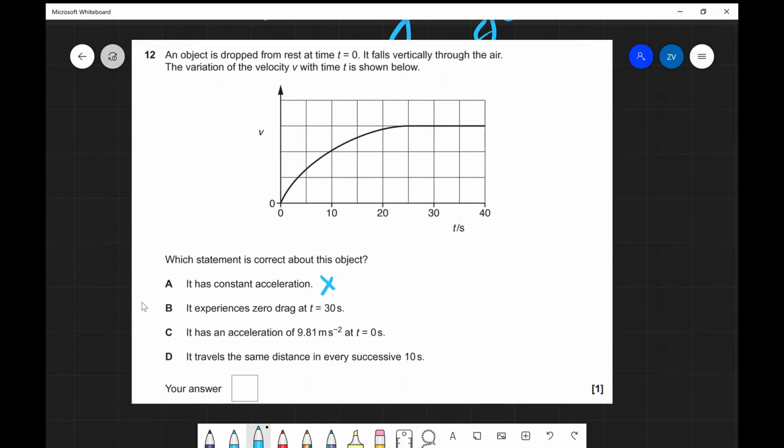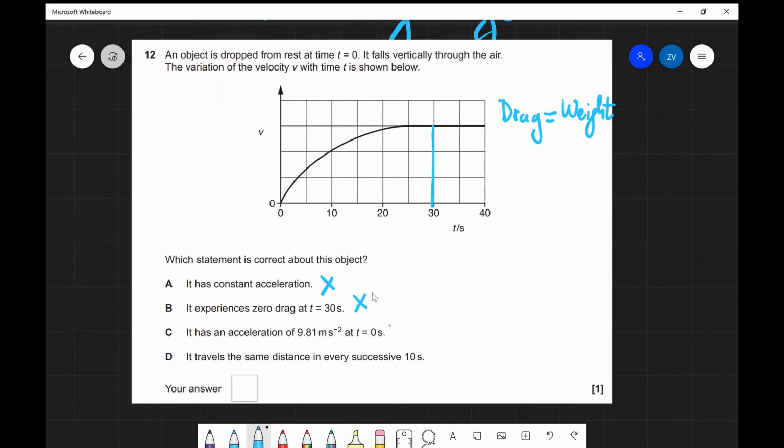B, it experiences 0 drag at t equals 30 seconds. So at t equals 30 seconds, the acceleration is 0, but actually at this point the drag is equal to the weight. So they're fully balanced out, so there's definitely drag, and that's equal to the weight. B is not correct. C, it has an acceleration of 9.81 meters per second squared, which is the value of g, at t equals 0 seconds.